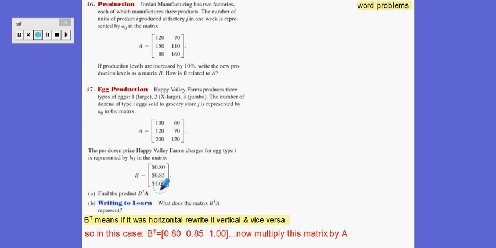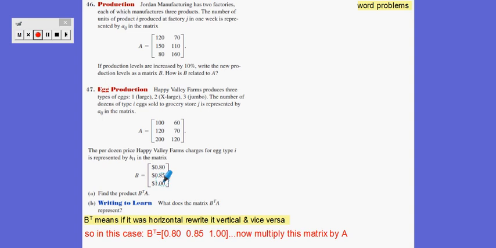Here I gave you a hint. They ask you to multiply the matrix B times the matrix A, in that order. However, there's this exponent of T. What does that mean? It's in this yellow box right here. That means you basically rewrite it from a vertical matrix to a horizontal matrix.